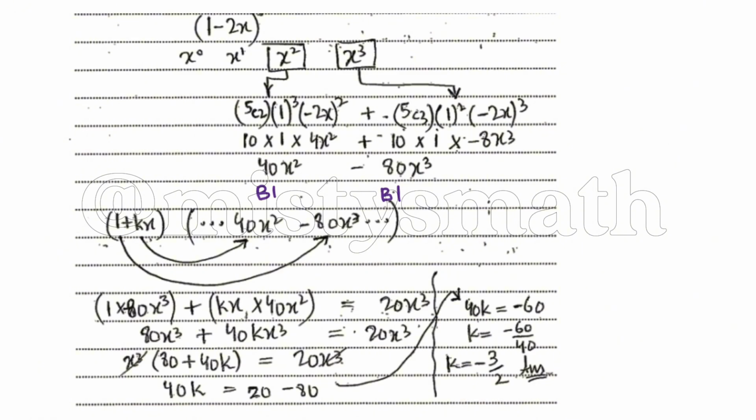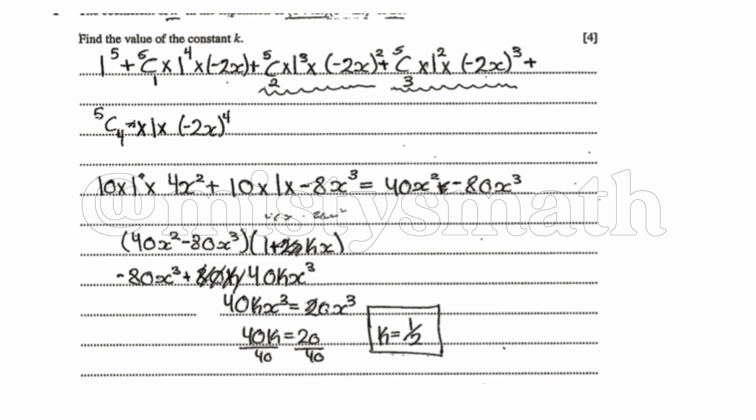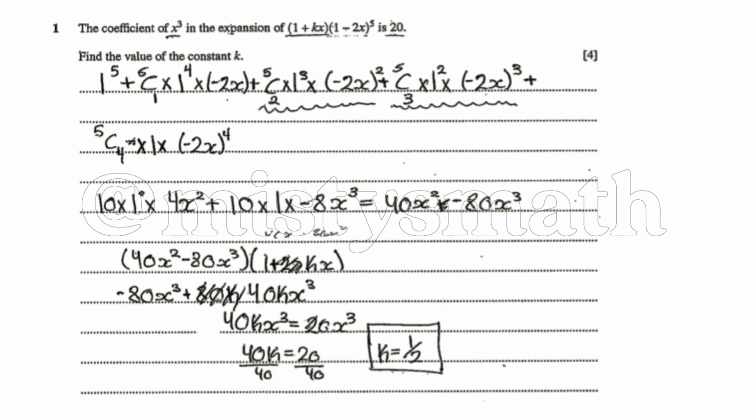He did equate to 20, so he will get the M mark over here. But he did not get the correct answer because he missed the negative sign over here, so he doesn't get A1.